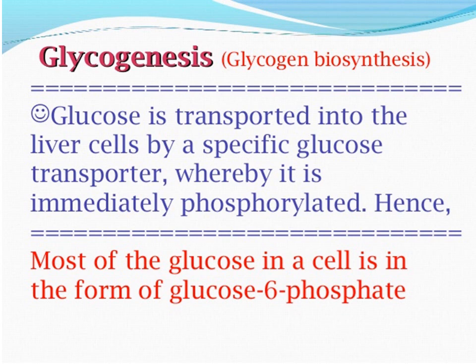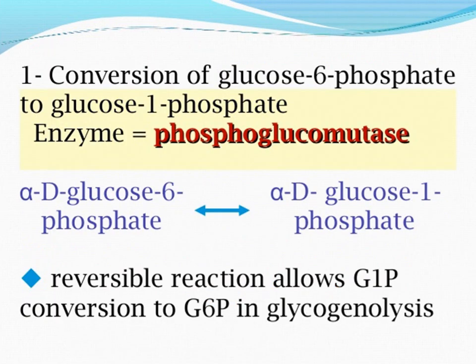What is glycogenesis? Glucose is transported into the liver cells by a specific glucose transporter, whereby it is immediately phosphorylated. Hence, most of the glucose in a cell is in the form of glucose 6-phosphate. Conversion of glucose 6-phosphate to glucose 1-phosphate is the very first step, and the enzyme involved is phosphoglucomutase.